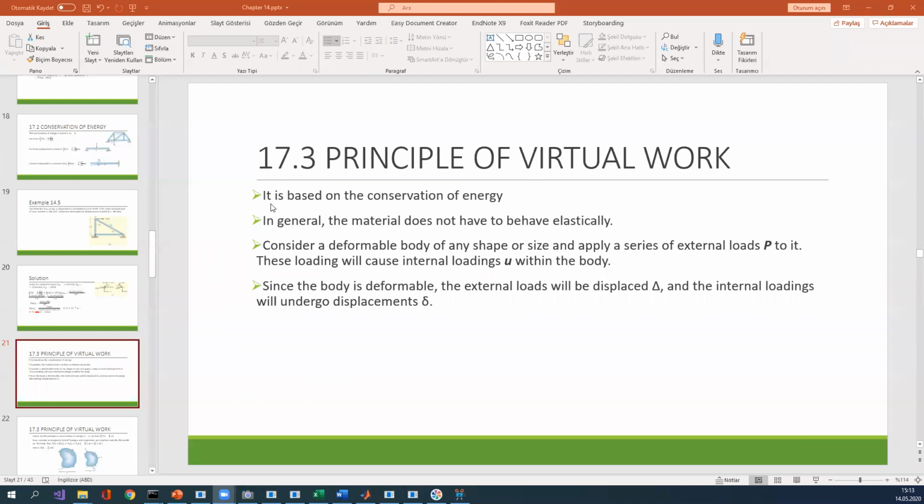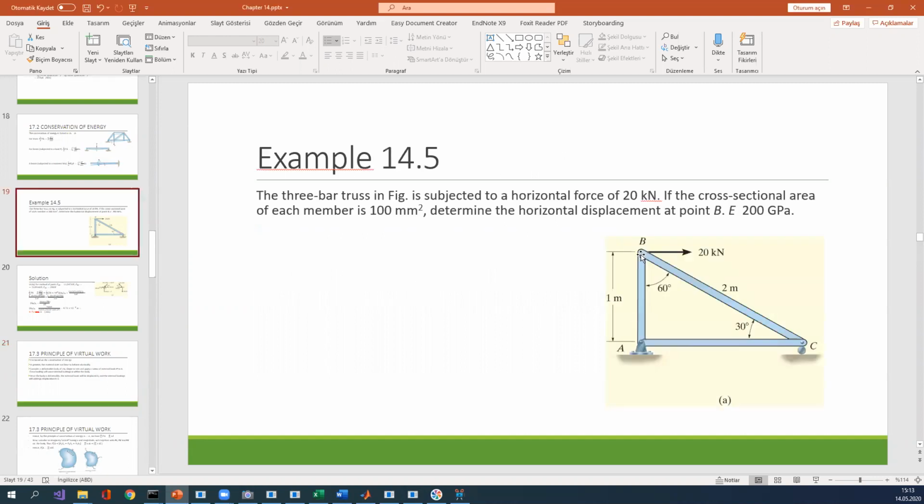Okay, now we'll continue with a new subchapter, chapter 17.3, Principle of Virtual Work. Actually, in the previous chapter's examples, maybe you realized or not, in the last example, to find the displacement at point B, the external load was in the same location.